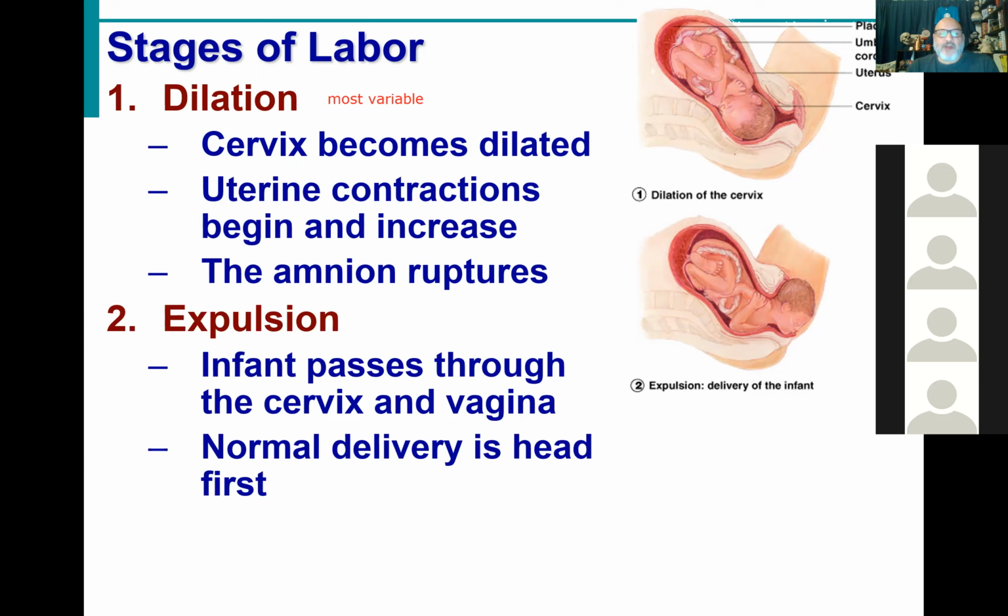And HMOs are not willing to take the insurance risk associated with those increased challenges with a breech. So typically, if a baby is in a breech position, like I said, they will try to manually manipulate it into the appropriate position. And if it doesn't reach the appropriate position, then they will just deliver it cesarean. And again, not because they can't be delivered breech, but because there's increased risks, and HMOs are risk averse.